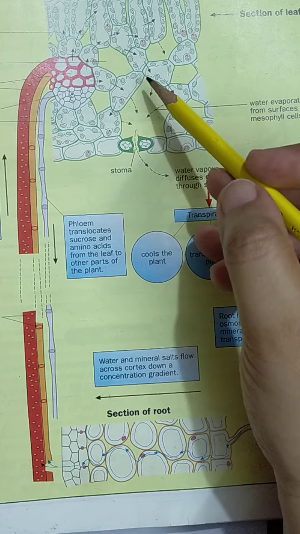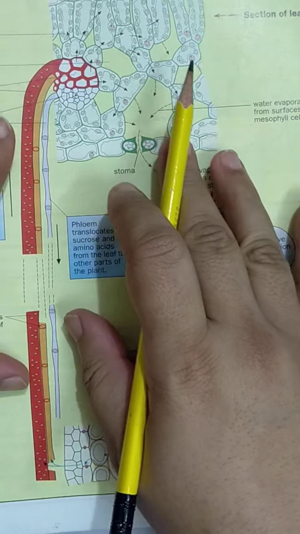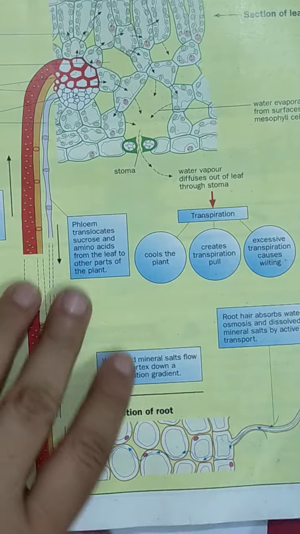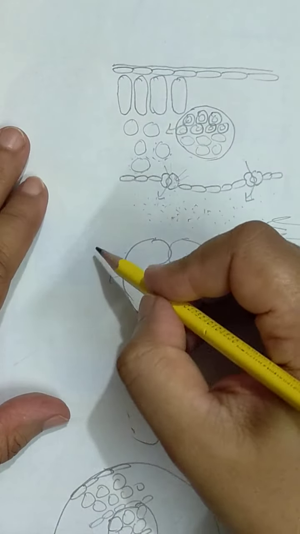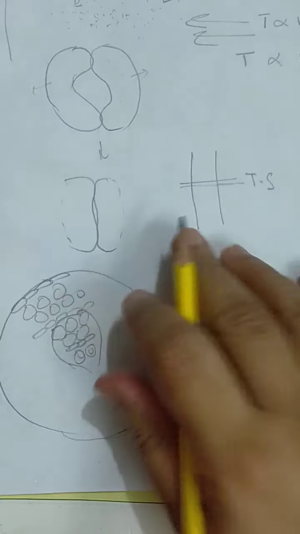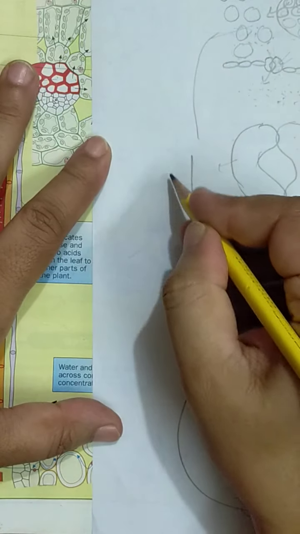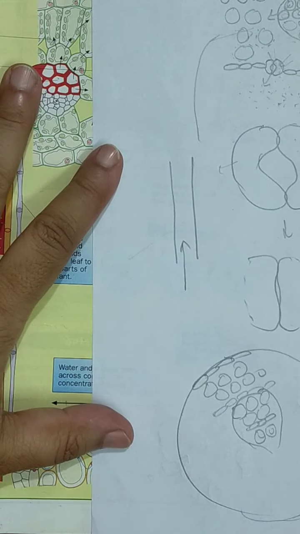Okay, but one more thing which I forgot while explaining this transpiration pull topic. You have to remember that due to transpiration a pull is created, due to which water moves up in the xylem vessel. Remember that in the xylem vessel water always moves in an unbroken column.